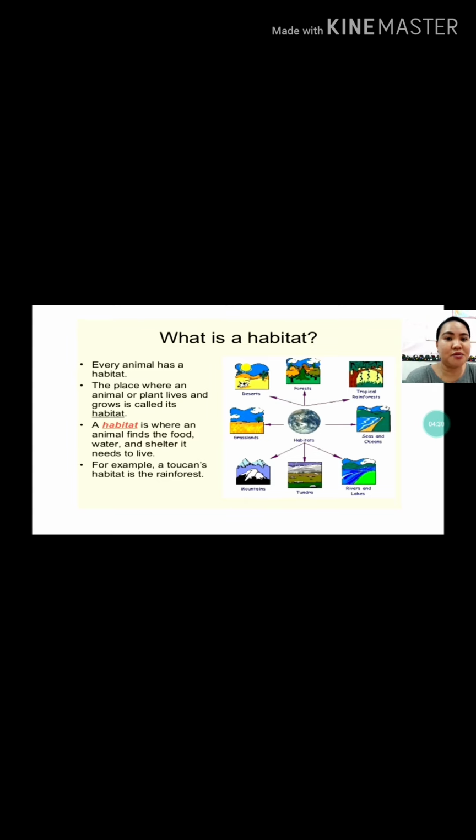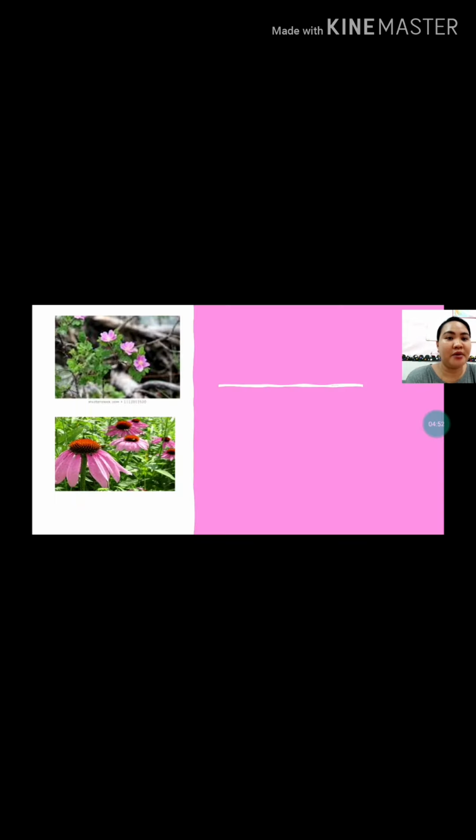A habitat is where an animal finds the food, water, and shelter it needs. Everything that the plants and animals need is already there in what they call a habitat. So we're going to learn what those habitats are.